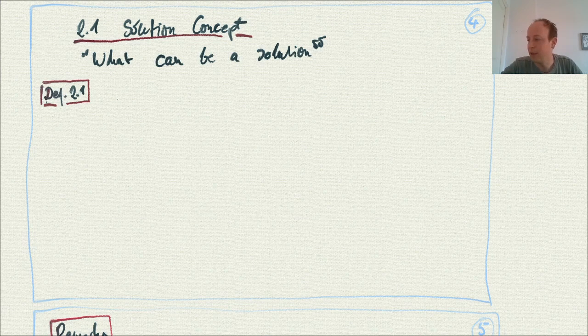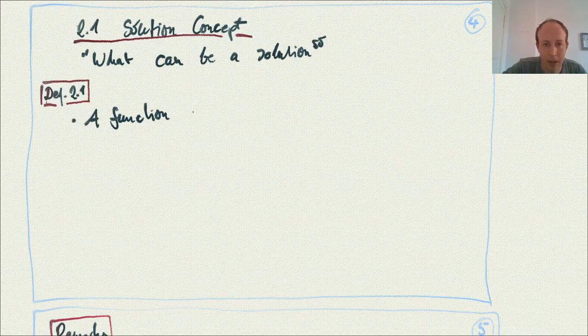So this is definition 2.1, and it starts with a function. So certainly a solution should be a function, x in C1, so we want to have it continuously differentiable, taking t in this time interval and mapping into the Rn.